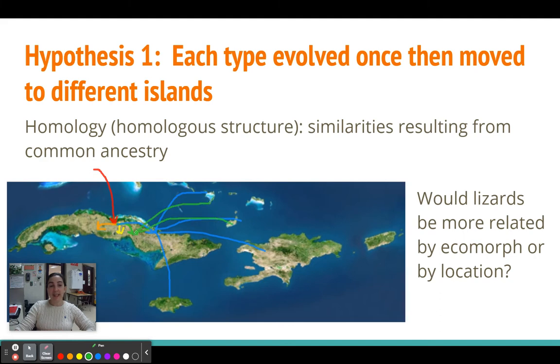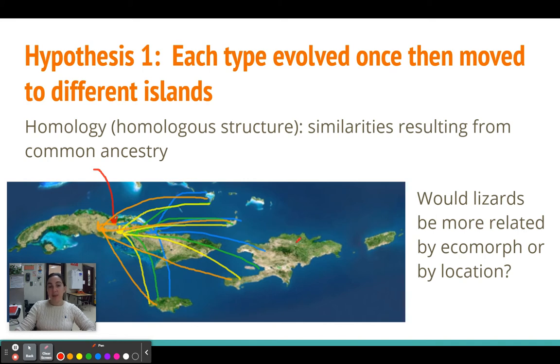So in this case, if this is kind of how we explain this evolutionary history, we would expect to see that these lizards are more closely related to each other according to the body type. Let me just finish drawing this here. So then when we look at the actual relationships between these, if you look at the colors, the color kind of shows the relationships here.